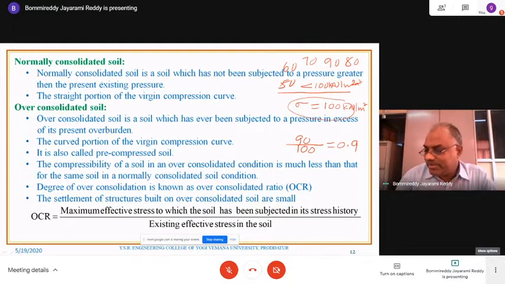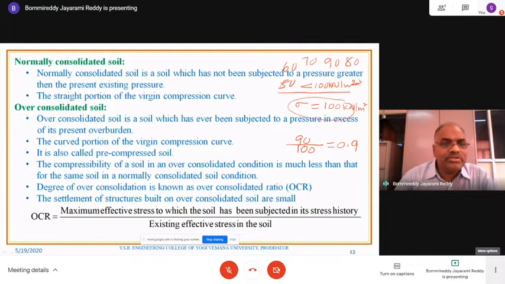That means the existing pressure is more than the pressure acting on the soil in previous cases. In the previous stress history, the stress acting on the soil is less than the present existing stress. That is the meaning of normally consolidated soil.